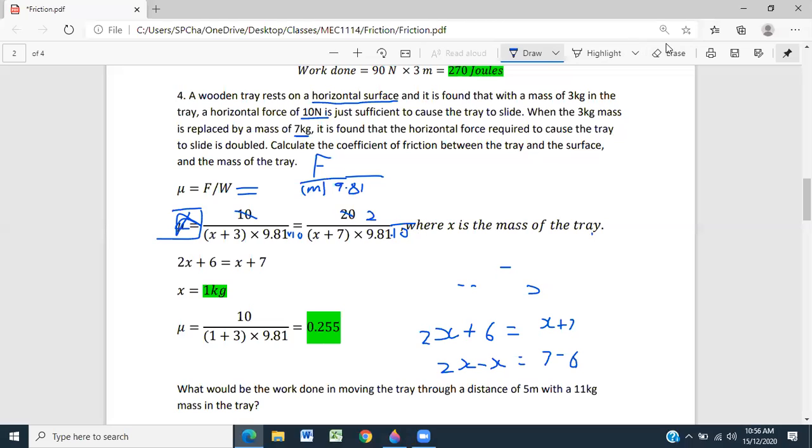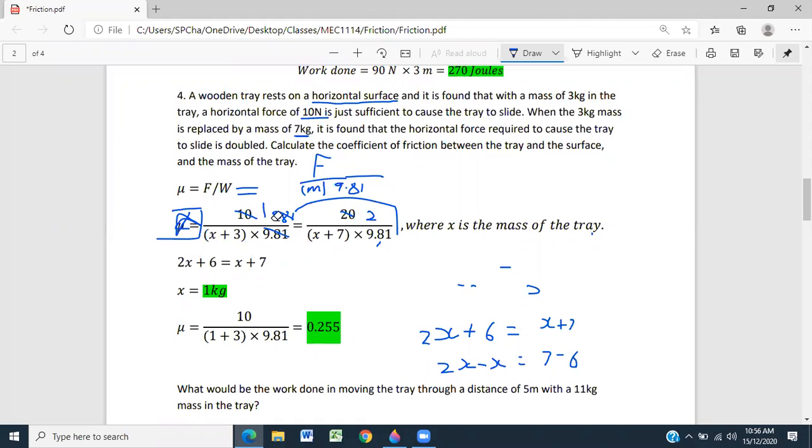Now we could do it the secondary school way and say we carry over this 9.81: you carry it over and multiply by 9.81 here, and they cancel out.